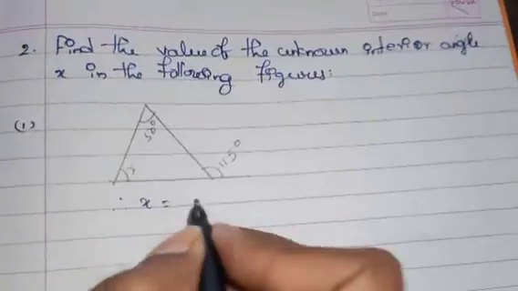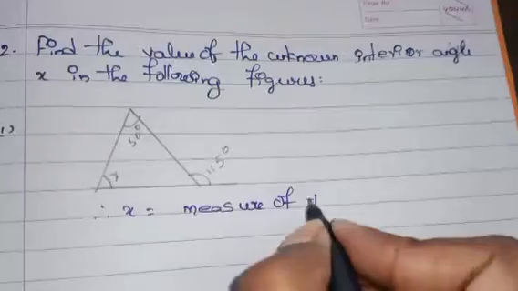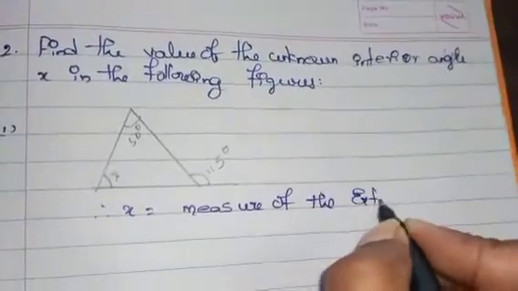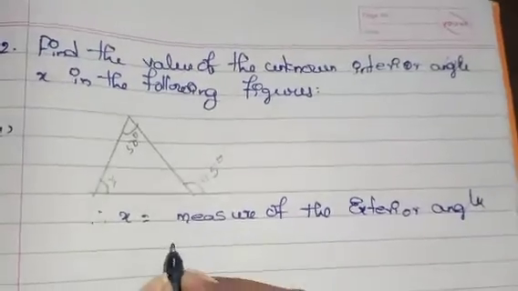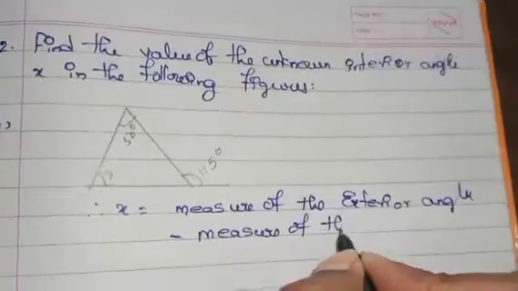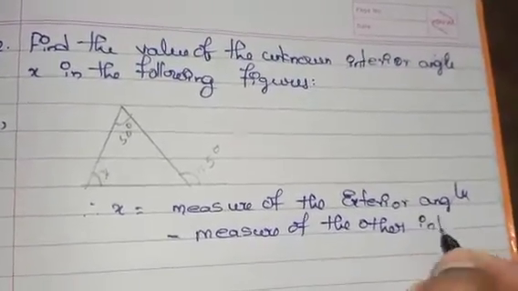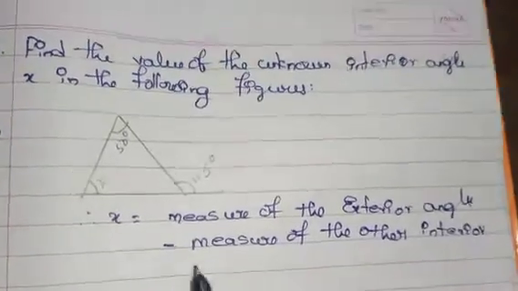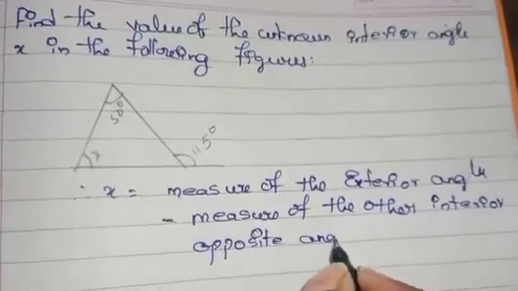Therefore x is equal to the measure of the exterior angle minus the measure of the other interior opposite angle.